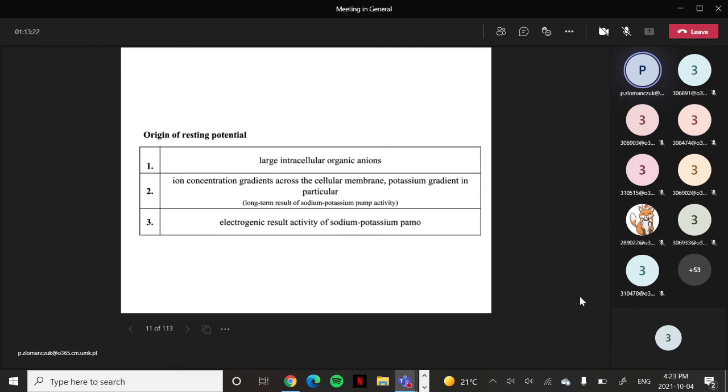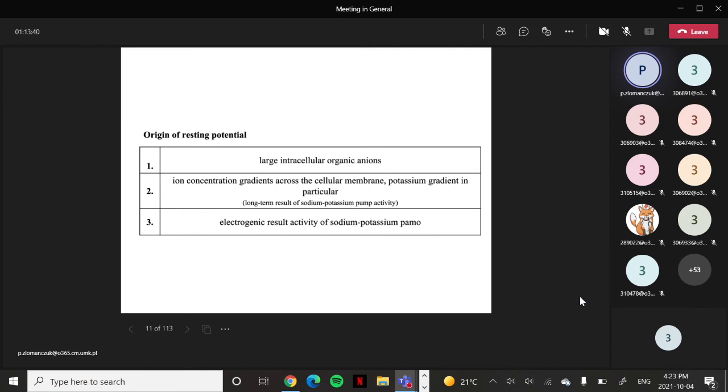And resting potential is the membrane potential which is maintained on the cellular membrane of the neurons, but not only neurons, other cells as well, during the time when there is no transfer or generation of information in this cell.